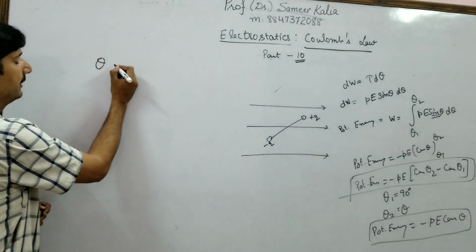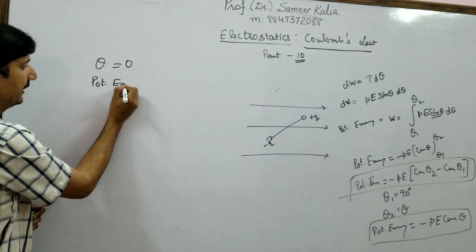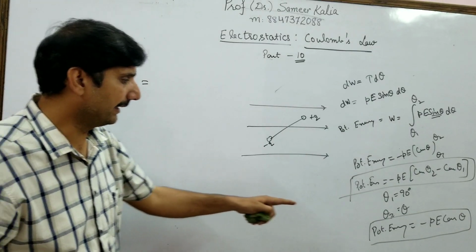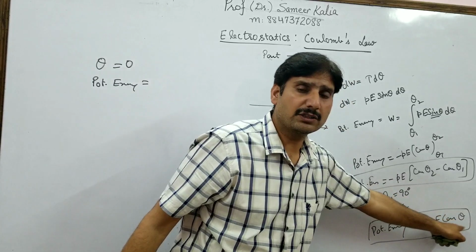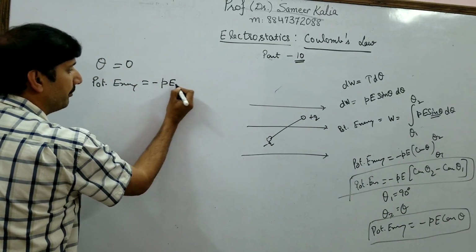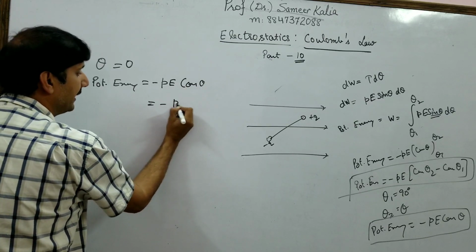When theta is equal to 0 degrees, what is the potential energy of the dipole? Look at it. When theta is equal to 0, cos 0 is 1, so the potential energy is minus PE cos 0, which is minus PE.